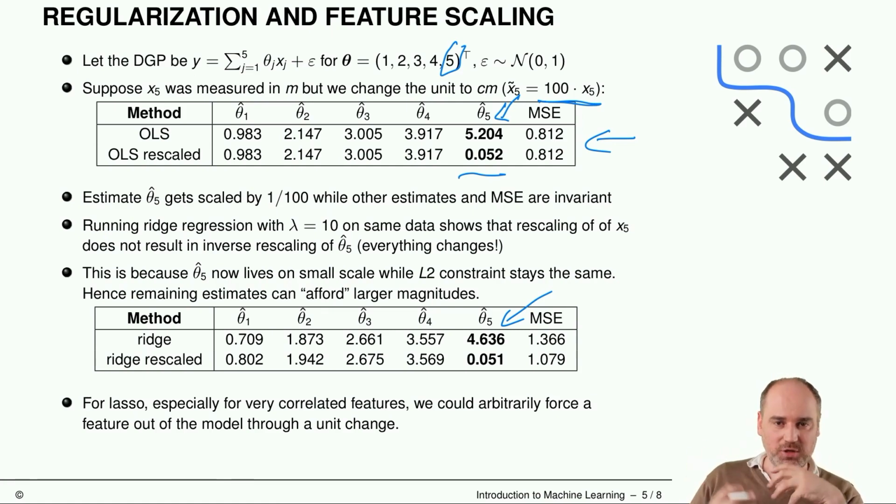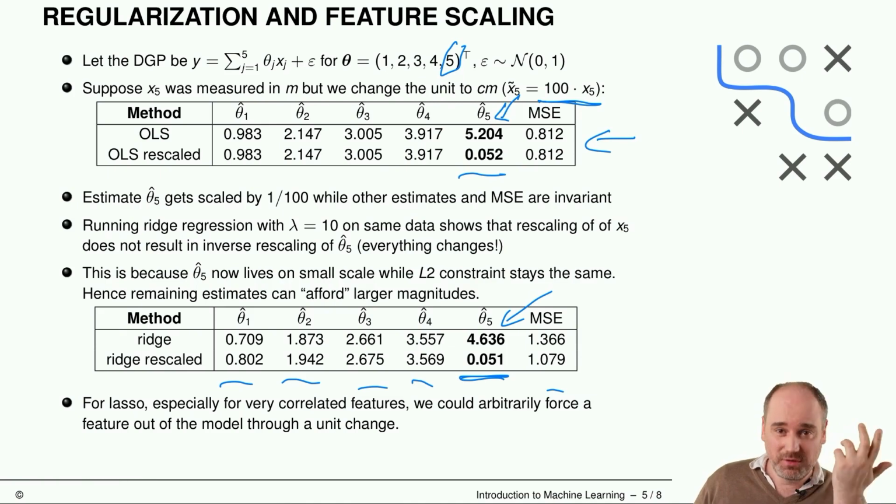That's the opposite situation of what I explained on the slide before. It becomes small, so the penalty is not so strong, so we can actually get away with using a slightly larger value for theta 5. And you can also see that everything else is also affected, so all of the other parameters change. Also the MSE changes because of this. So we are not really fitting the same model.